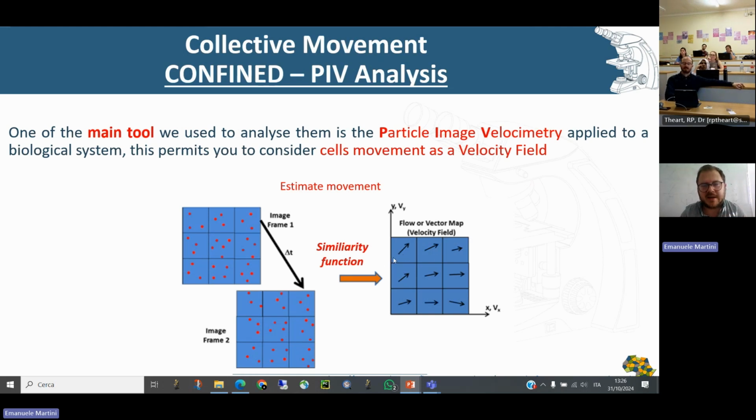But what it is, is that each arrow is the estimate of the movement of the objects of the fluid inside of that square.